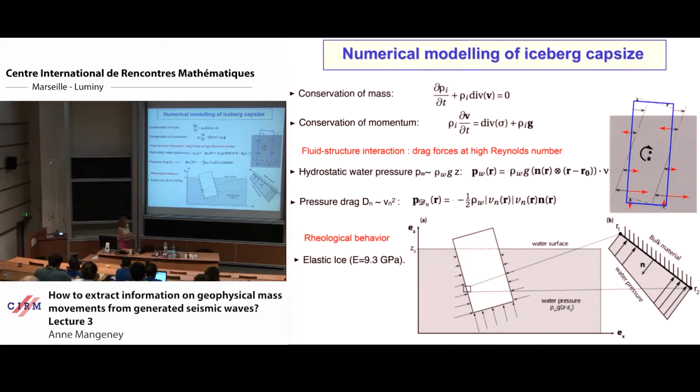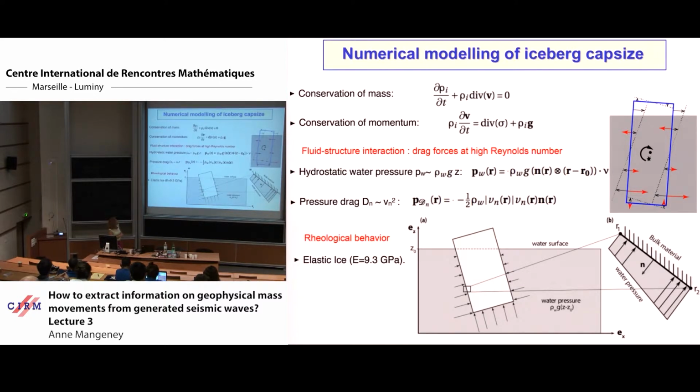The equations that we solve are the classical equations. You have mass conservation, conservation of momentum, and here we take a rheology which is elastic. So we have gravity. And again, the problem is to say something about the fluid structure interaction.